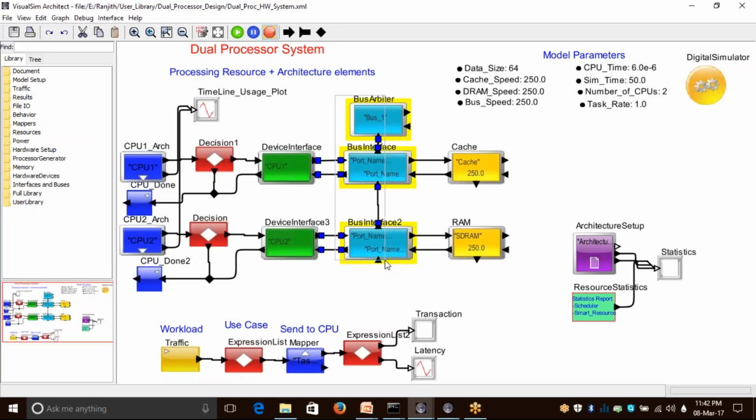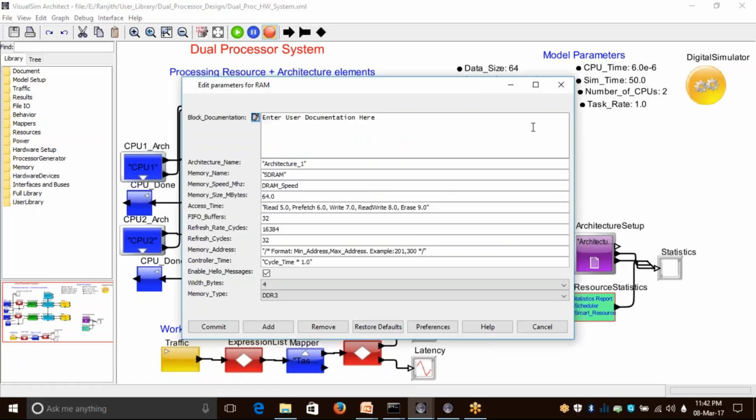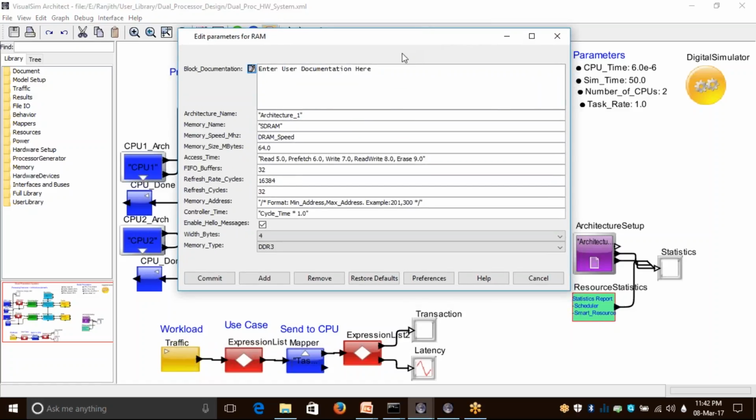Whereas the bus arbiter, cache, and RAM blocks are pretty much detail level over here. These cache and DRAMs are not really cycle accurate, but they are hardware accurate library blocks with abstract details, I would say. For example, if you look at this RAM block, it provides some parameters, such as the access times for read, write, or prefetch activity.